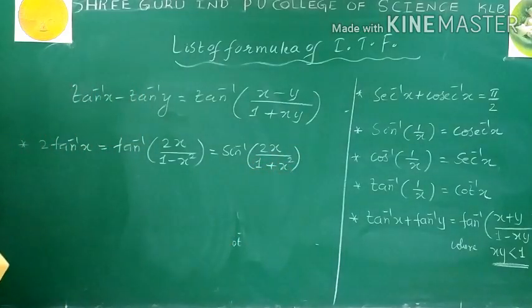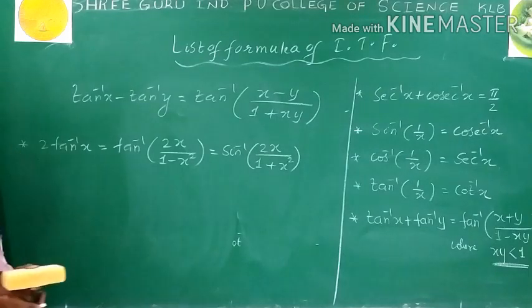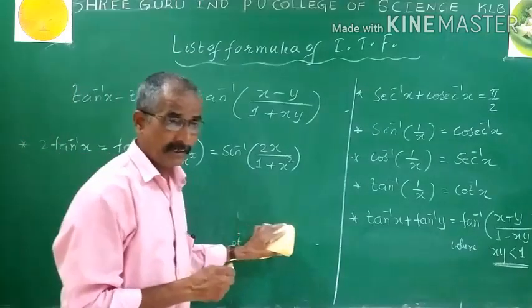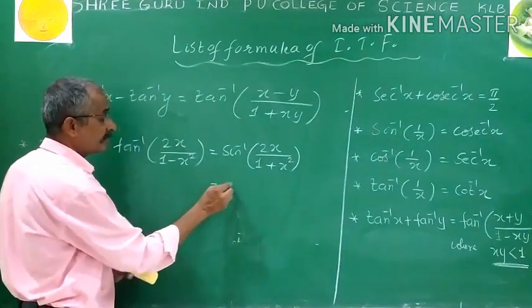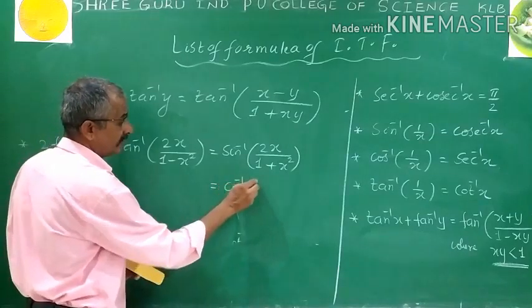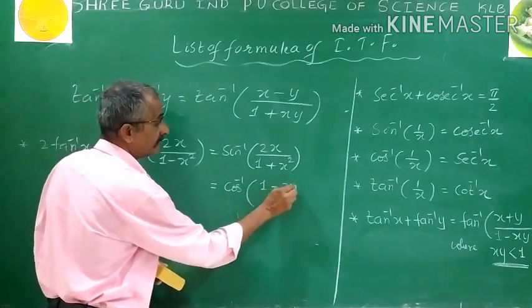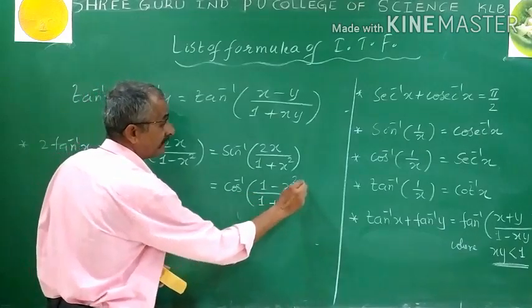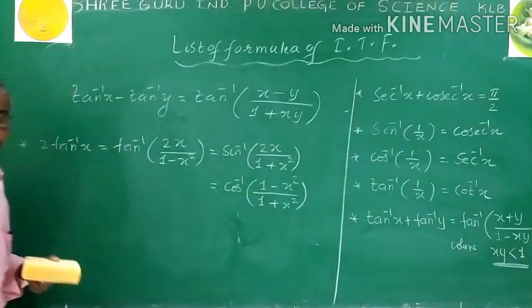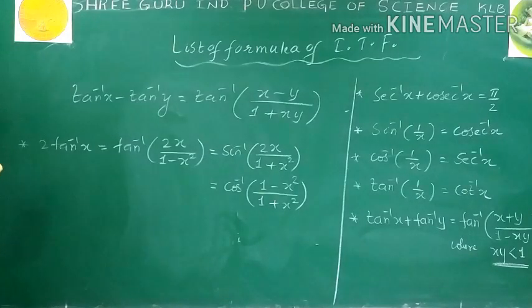It resembles the PUC first year formula, 2 tan theta by 1 plus tan square theta equals sin 2 theta. Exactly the same track will be followed here. And this is also equal to cos inverse of 1 minus x square divided by 1 plus x square. But keep in mind, all these formulas are valid only under their restrictions of domain and range.